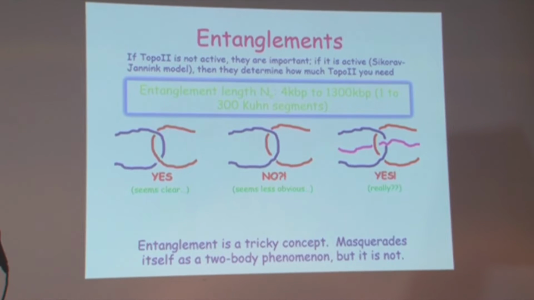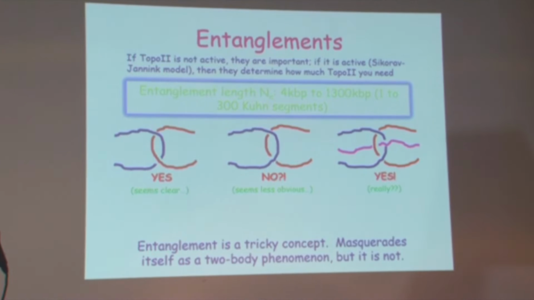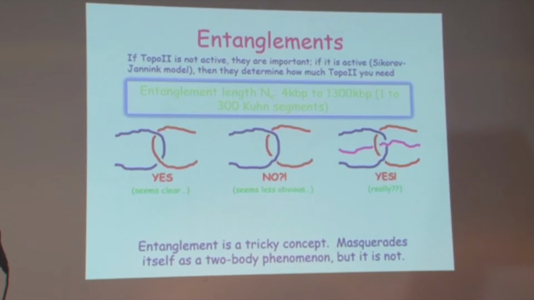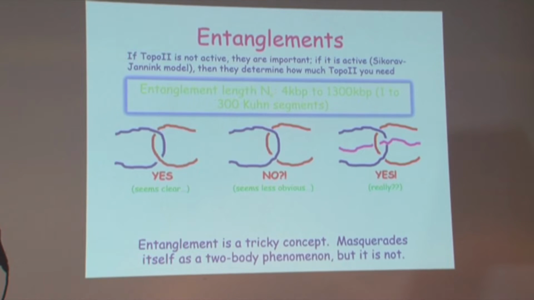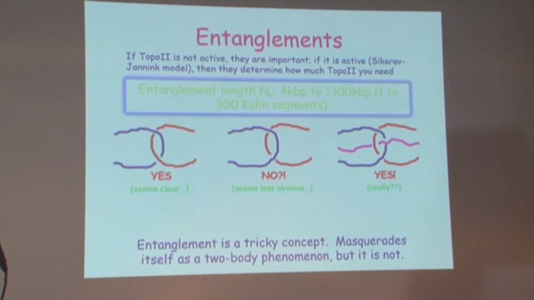So what is entanglement? It is not a two-body property, not a two-piece property, but a multiple-piece property. Nevertheless, there is a quantity called entanglement length, and it is a useful quantity to measure.